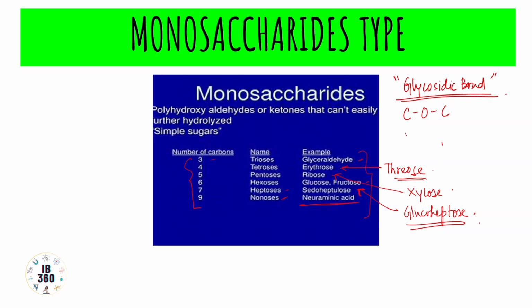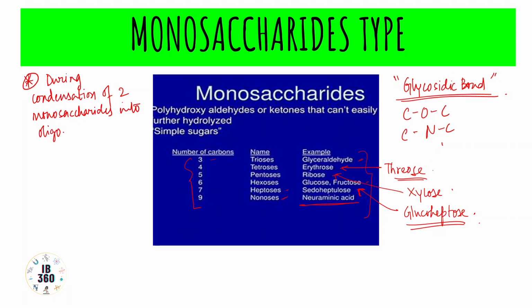And glycosidic bonds are also established when we are condensing more than one monosaccharides, and that will lead to the formation of oligosaccharides and polysaccharides. So this also we can mention as a point, that during condensation of 2 monosaccharides into oligo or polysaccharides, hydrolysis will happen.